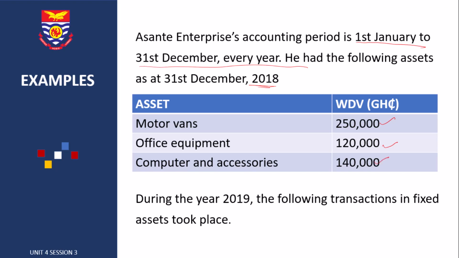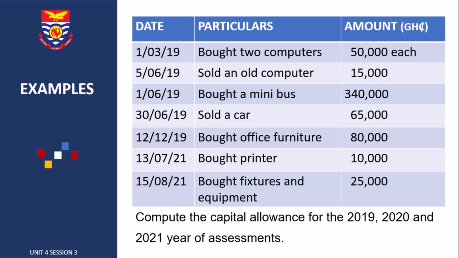During the year 2019, the following transactions in fixed assets took place. Bought 2 computers 50,000, sold an old computer 15,000, bought a minibus 340,000, sold a car 65,000, bought office furniture 80,000, all in 2019.